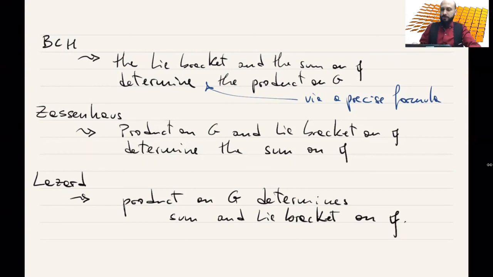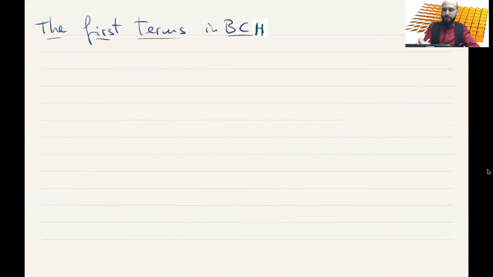Okay, so now let's see what are the first terms that we might use in the Baker-Campbell-Hausdorff formula. The first terms are important and we might use them. So it's like this. The exponential of x times the exponential of y. The first approximation is really the exponential of the sum.